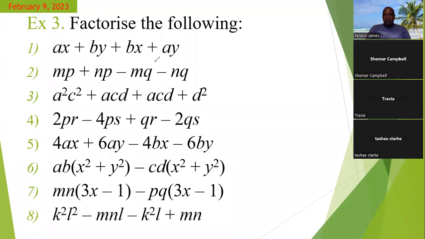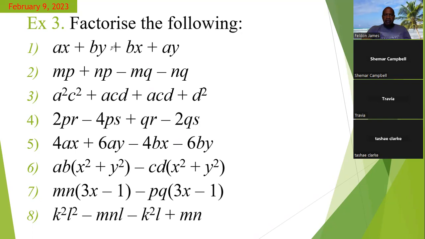Generally, when we have four-term expressions, we first see whether or not we can isolate pairs of terms that have common factors. And if we are able to do that, then we can use the method of factorizing by grouping. So I can just quickly look back at question one here.